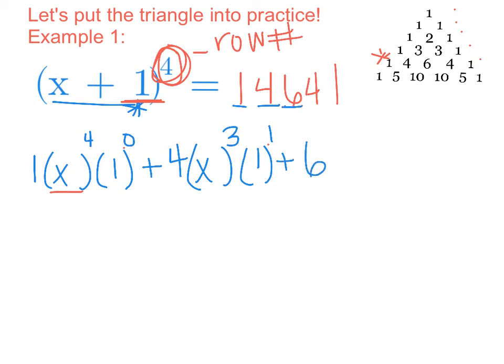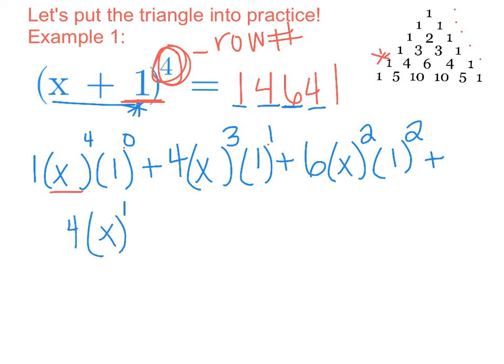Again, we're getting the 6 from our coefficients from our Pascal's triangle, times x to the 2nd power, then times 1 to the 2nd power. Add it to our next term, which we're going to use our coefficient 4. So 4 times x to the 1st power, then 1 to the 3rd power.